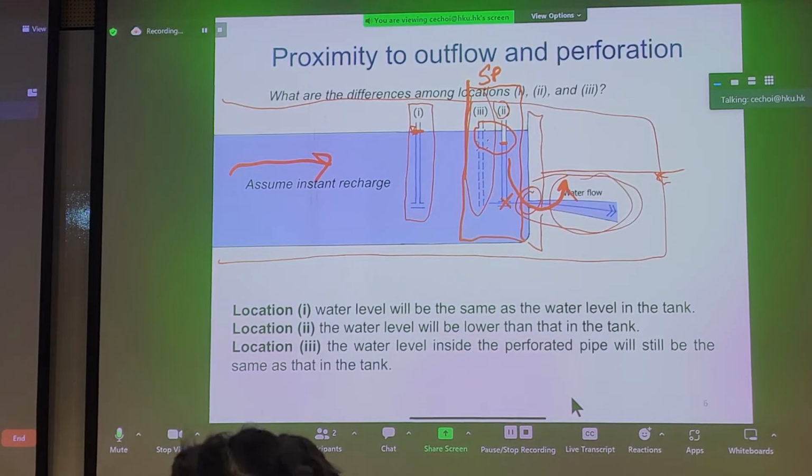At location 3, the water level inside the perforated pipe will still be the same as that of the tank because it's perforated and allowed to equalize. So this is an example of how we leverage standpipes and piezometers for dewatering indication later on.